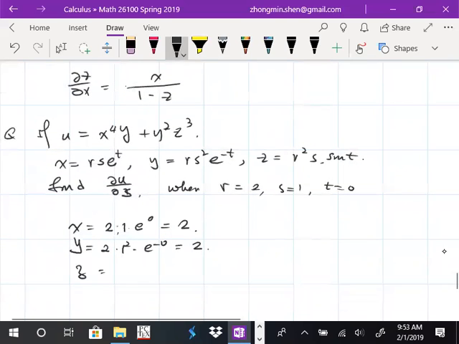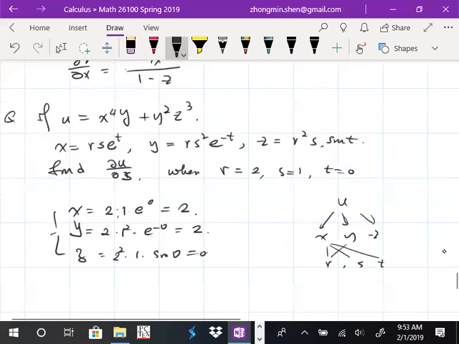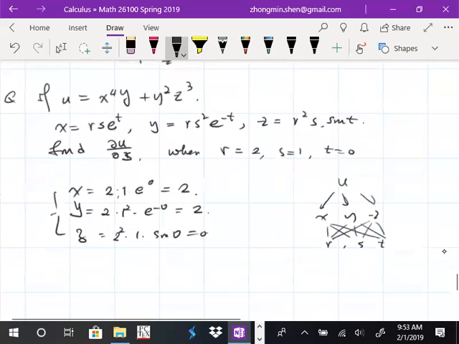So the z value will be 2 squared times 1 times sin 0, which is 0. So this is the corresponding value for x, y, z. You have one variable u, and it depends on 3 variables, but these 3 variables also depend on another 3 variables. So the dependency is pretty complicated. But anyway, u depends on r, s, t, and you're trying to find the partial derivative of u with respect to s.